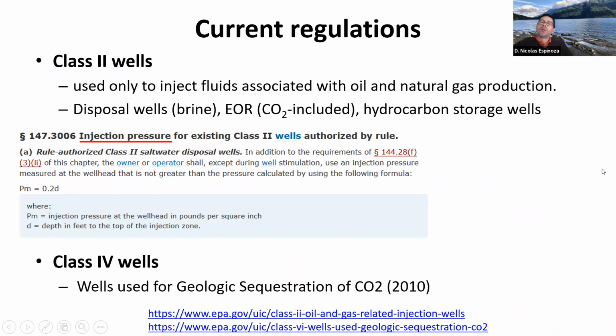All right, so how do we avoid that? Actually, we have regulations about this, how to avoid the fracturing of the wells. For example, if you think about class 2 wells, there are some regulations that tell us what is the maximum wellhead pressure that we need to have for this to be safe.